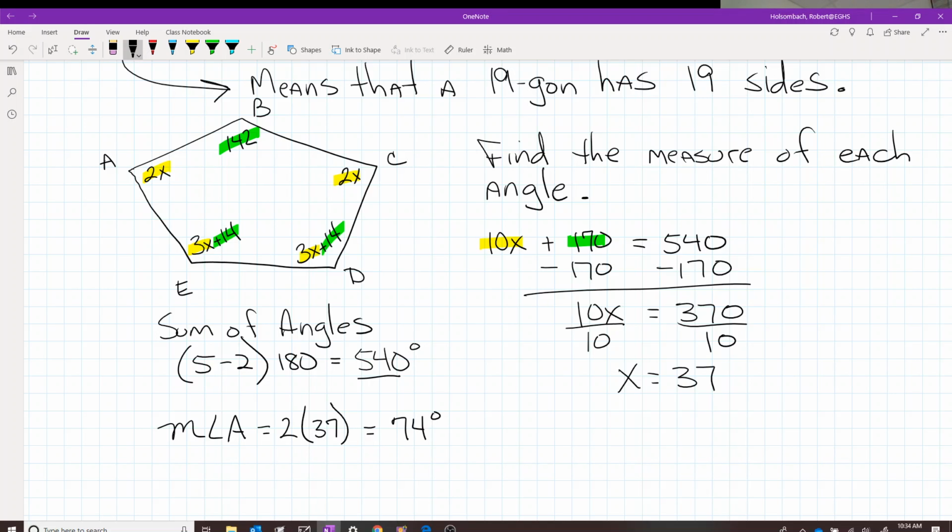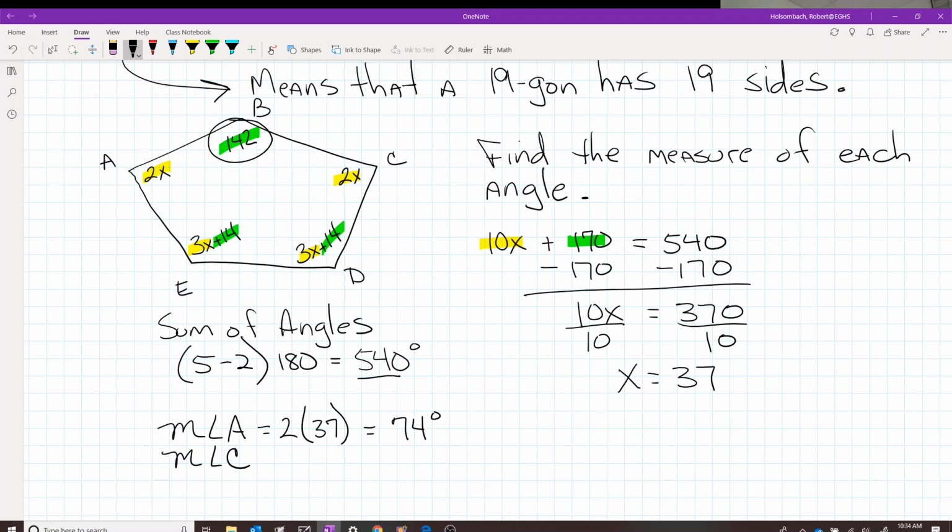So your angle A is 74, your angle B was already given, that's 142. C is the same as A, so the measure of angle C is also 74. The measure of angle E and D is going to be the same.